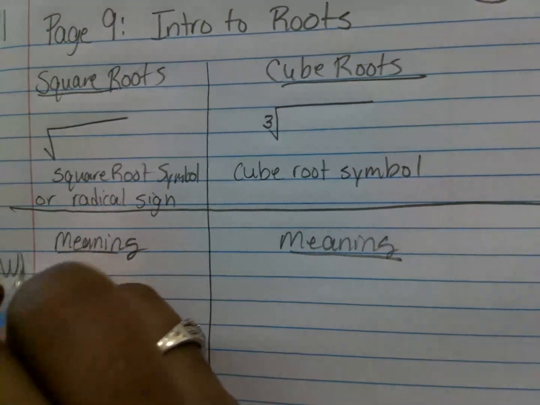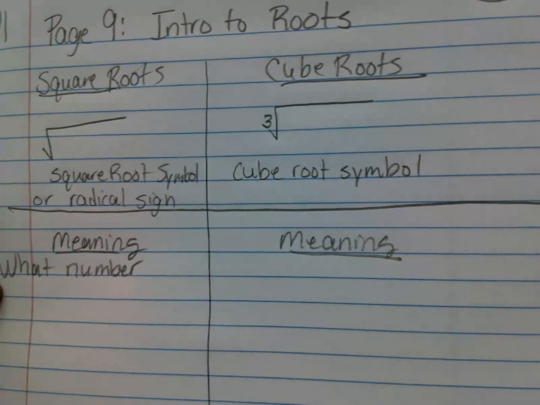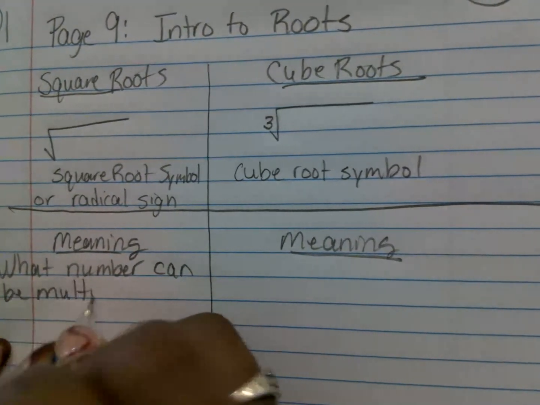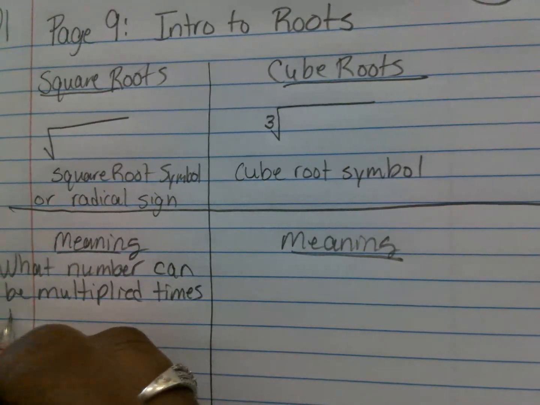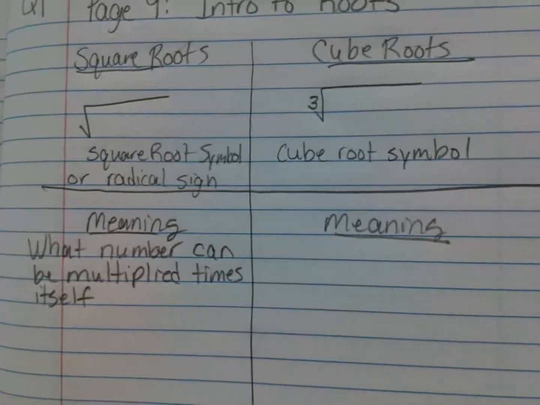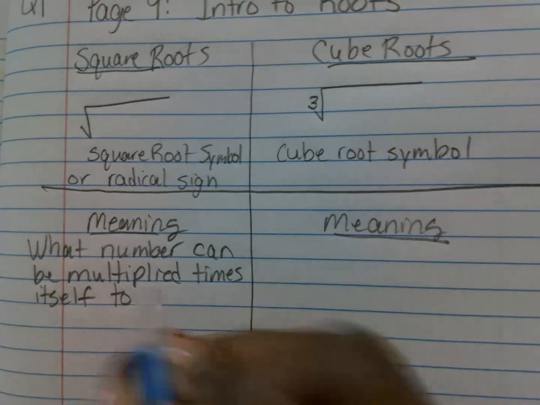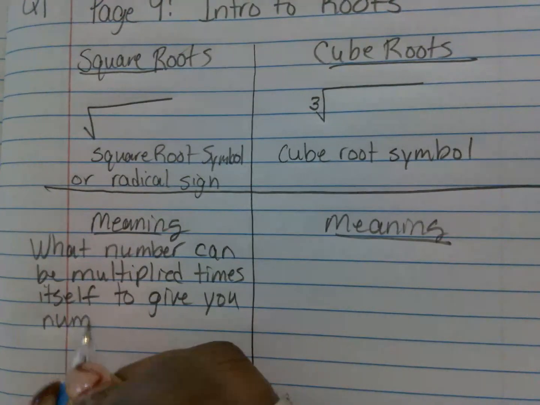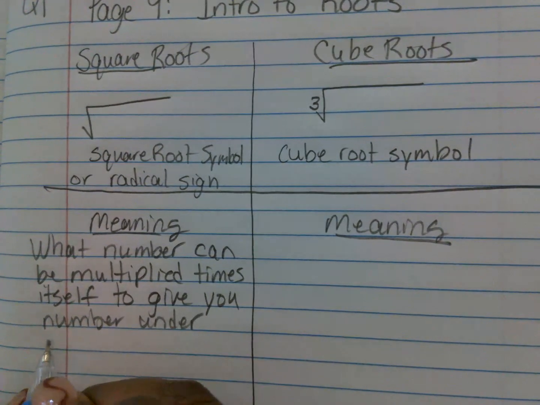What number can be multiplied times itself to give you the number under the radical.